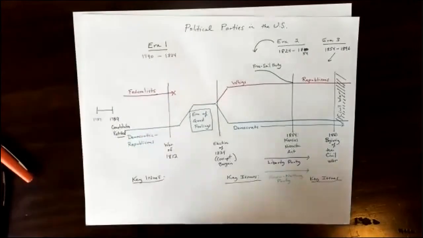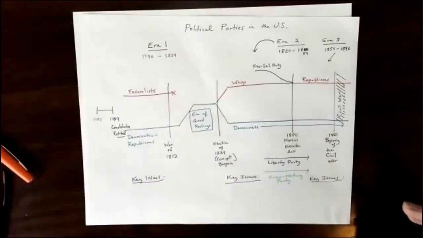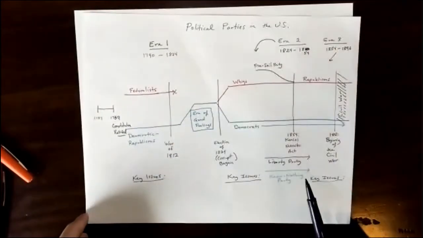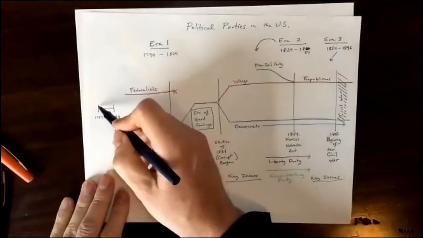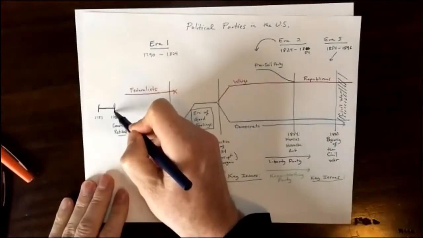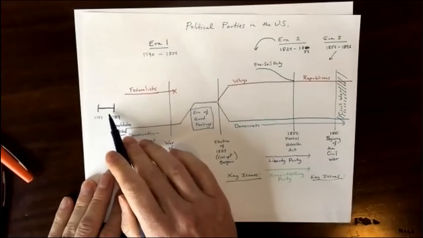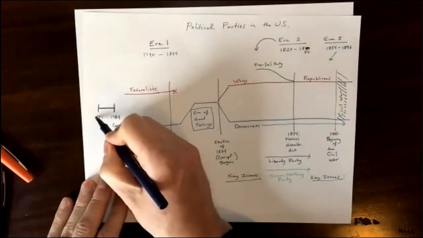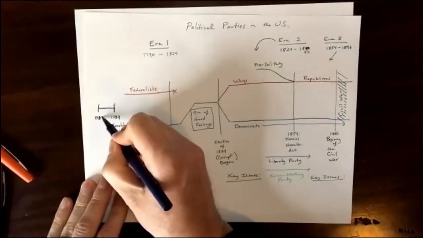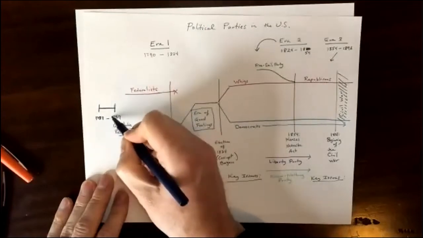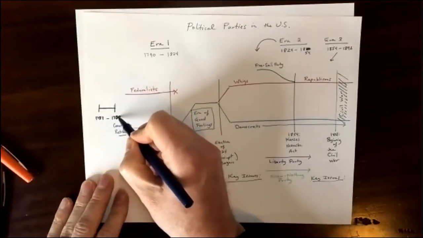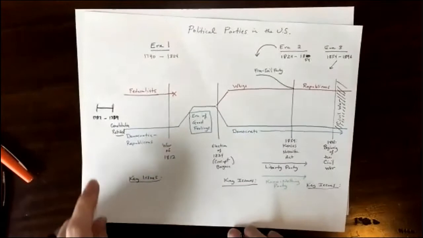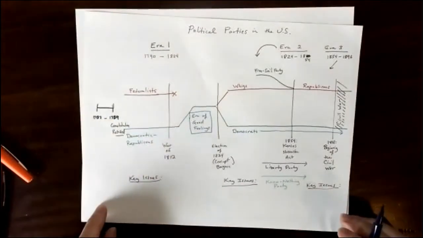Okay, so the first thing I want you to do is start before the two lines that you made, in this area right here. I want you to add a little tab here, and the years we're talking about are 1787 to 1789.